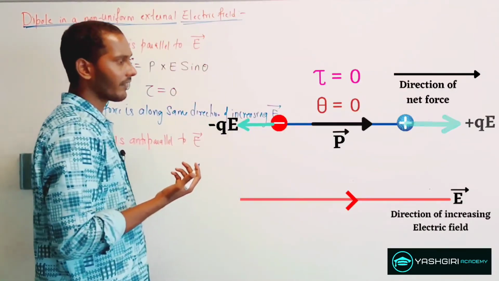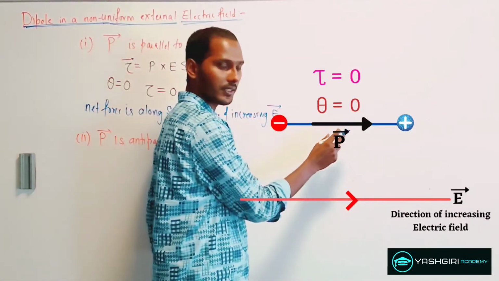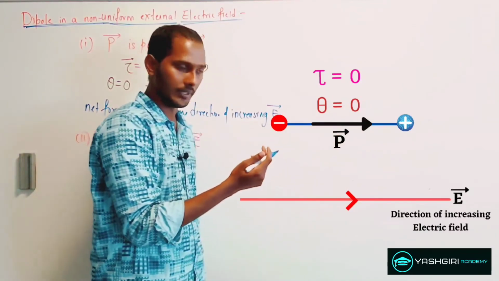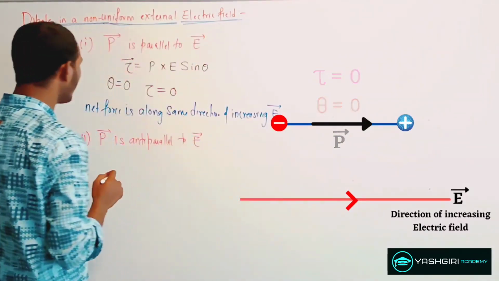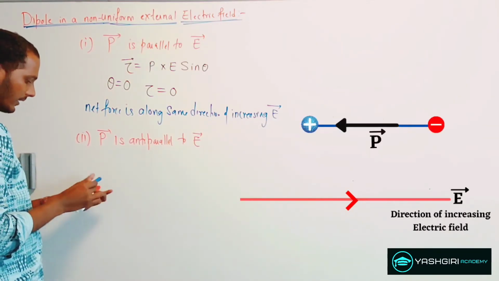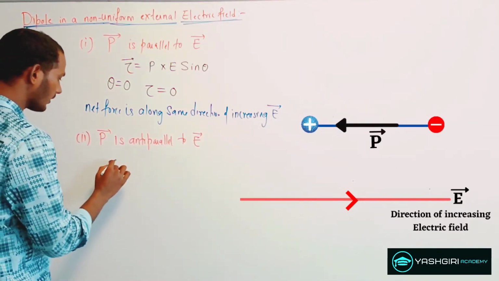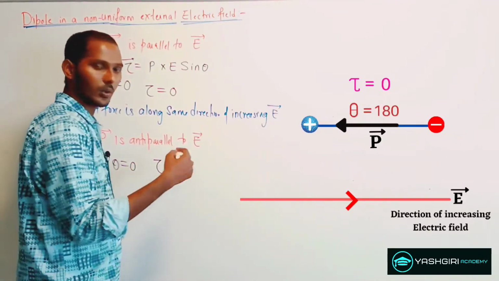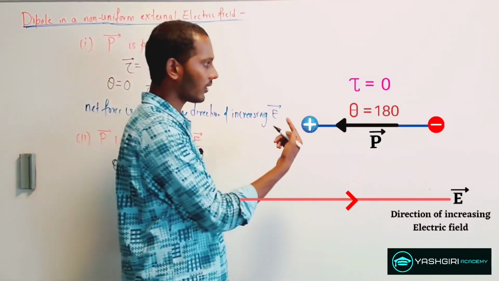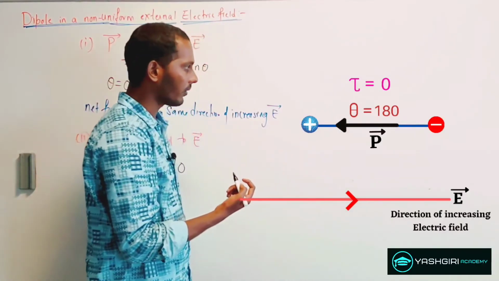Now here, suppose I make this dipole moment exactly 180 degrees with this electric field, or else anti-parallel. In that case, again, if you consider theta equal to 0, tau will be equal to 0. Now the question is the net force on this electric dipole.